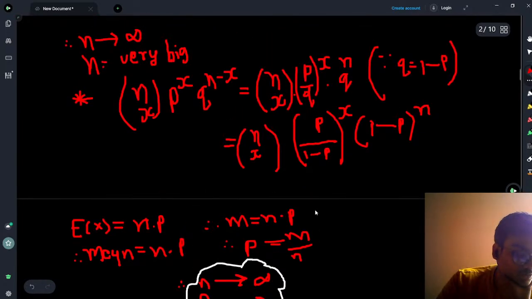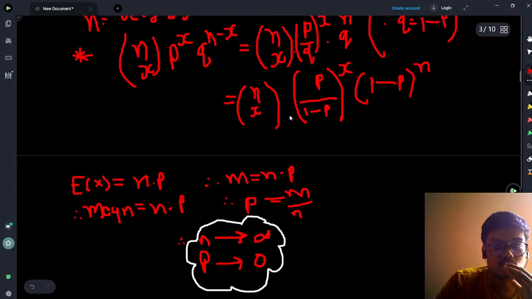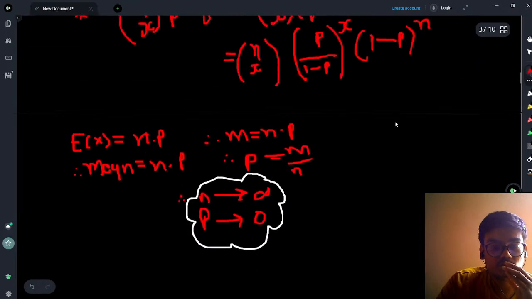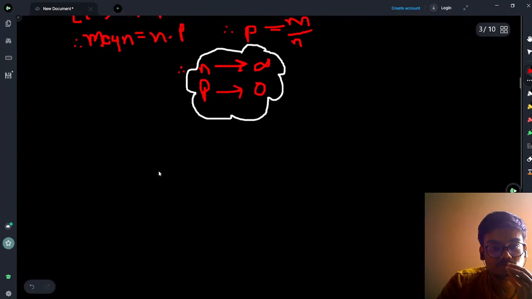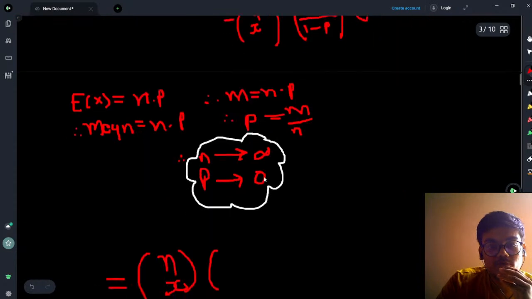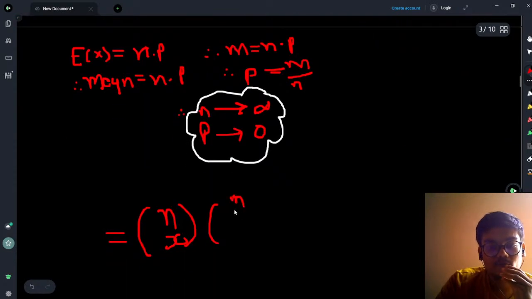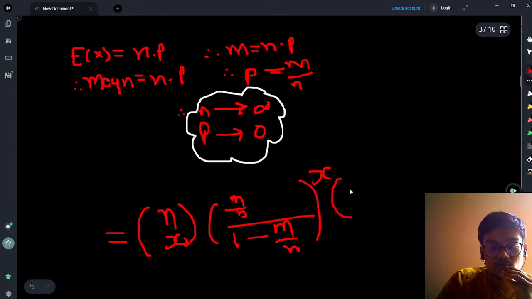So let me put the value in the above equation. What did we get? ncx (m divided by n) divided by (1 minus m divided by n), raised to x, into (1 minus m divided by n) raised to n.